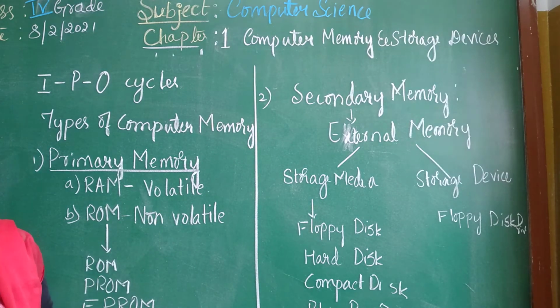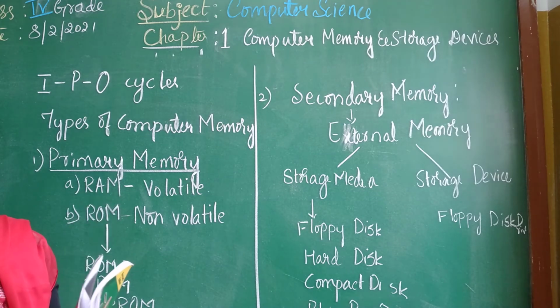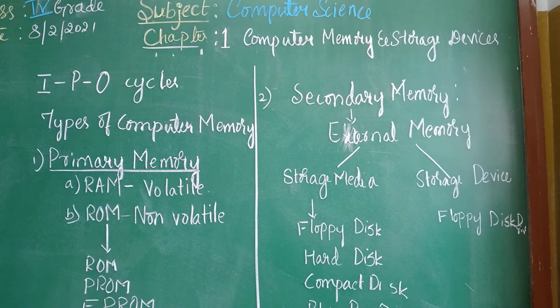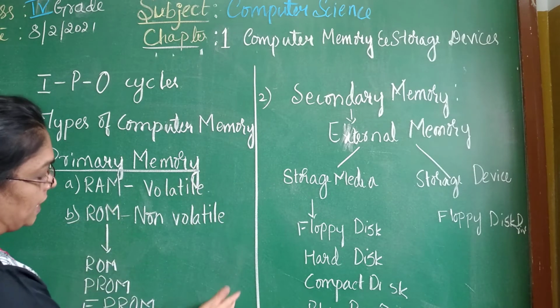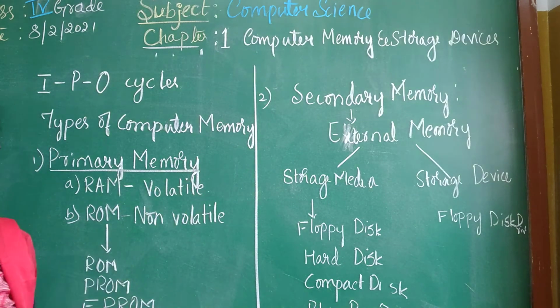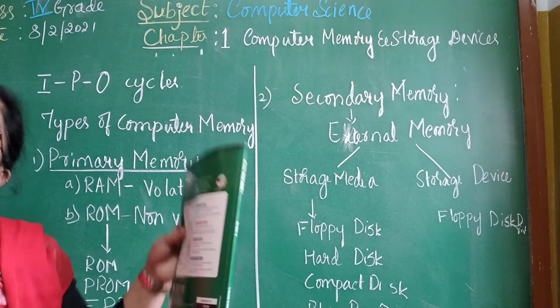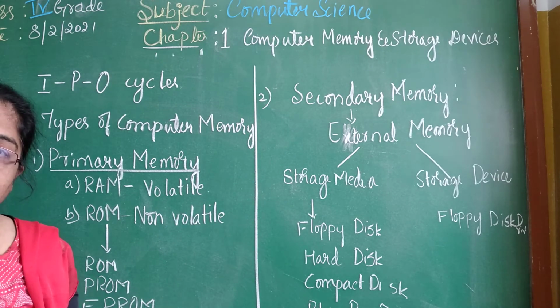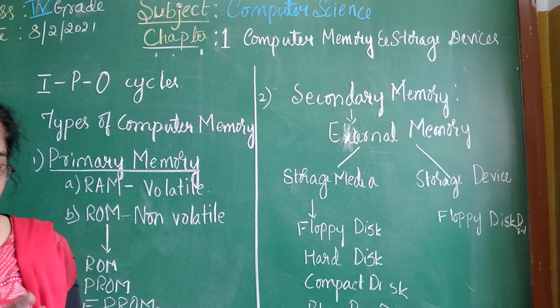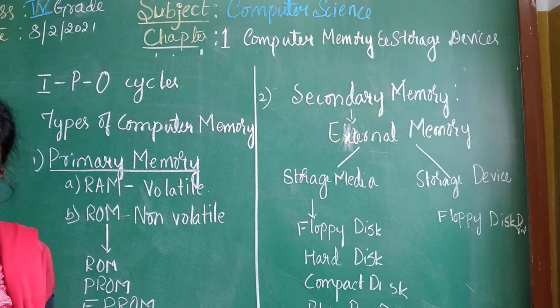As I told you, our brain is limited to some storage only, some memory only. Like that, the computer's memory is limited. For example, if you want to store many things, what do you do? You make notes, you take down the important things, and you store them in a book or a diary.